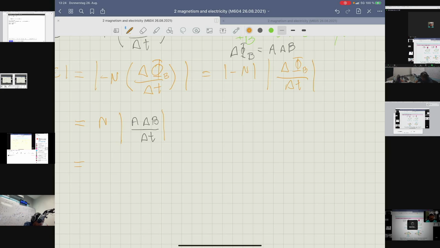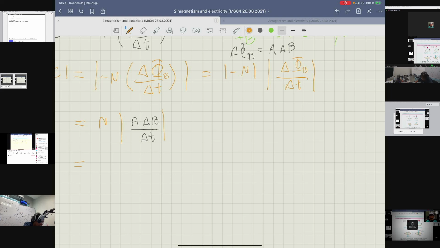And A is the area of this conductor. We don't know whether it's a circle or rectangle, they didn't say the detail. So we will substitute 0.012 square meters for the variable A.